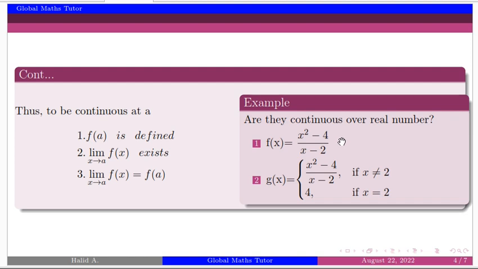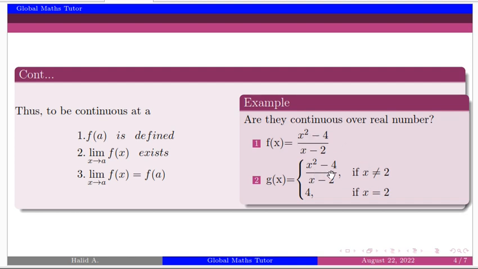To be continuous over all real numbers, we have to check this. If we substitute 2, it will be 0. So at 2 it is not defined. That means this function is not continuous at 2. Simply, f of x is not continuous over the real numbers.